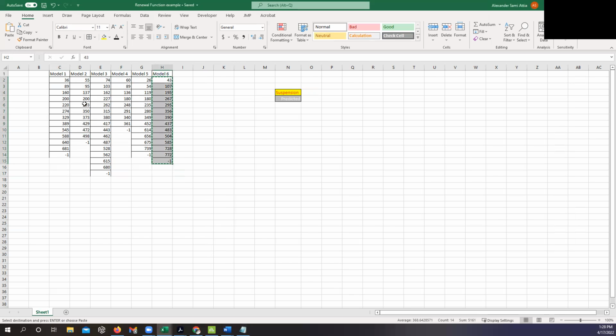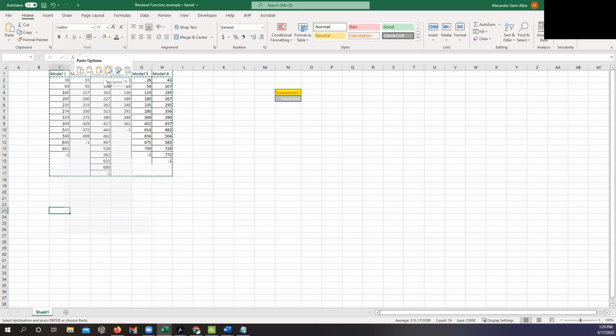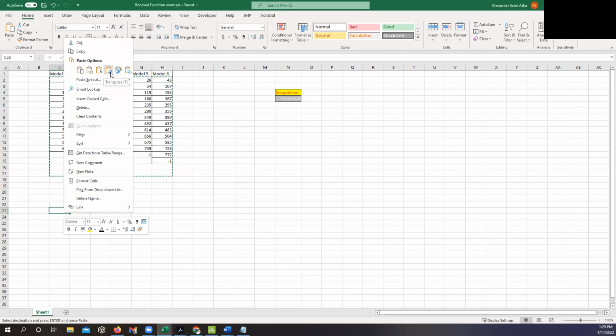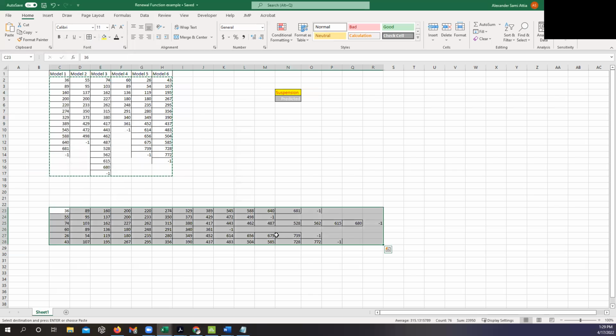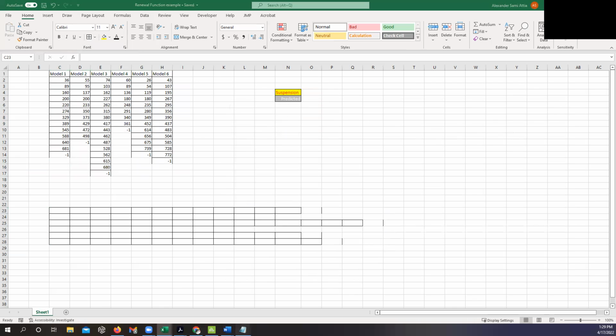If you like to do it horizontally, copy it all. Any empty cell, right click, paste with transpose. You see where that is? Paste with transpose. And copy this data and take it to a notepad, and it's right there for you. I'll stay with the vertical one.